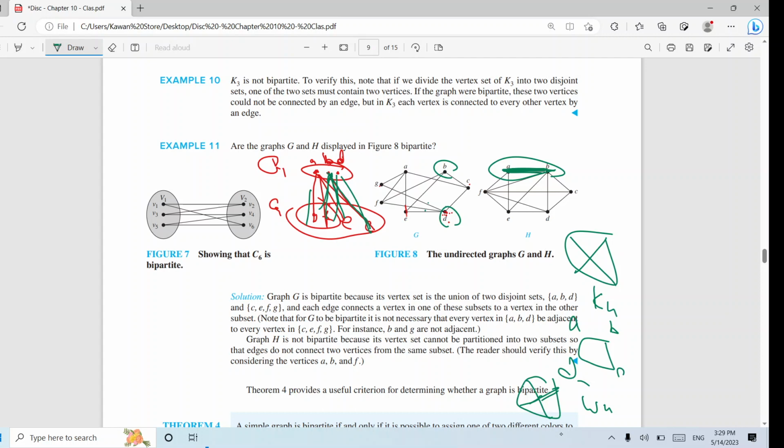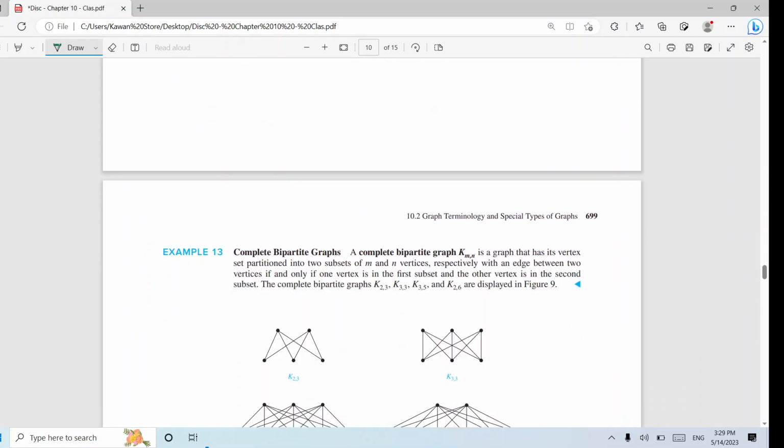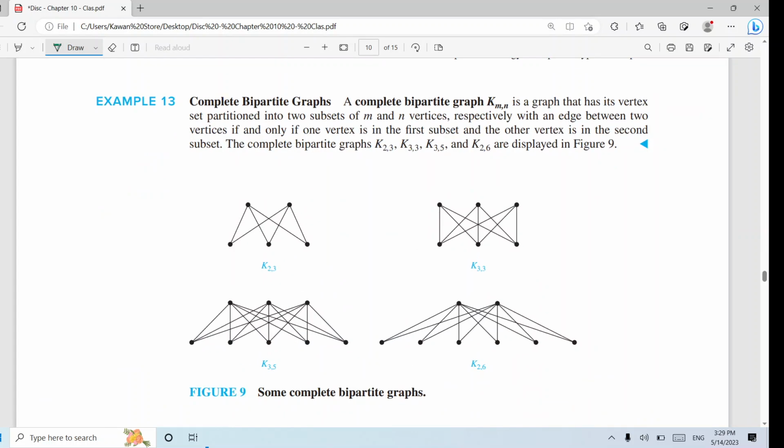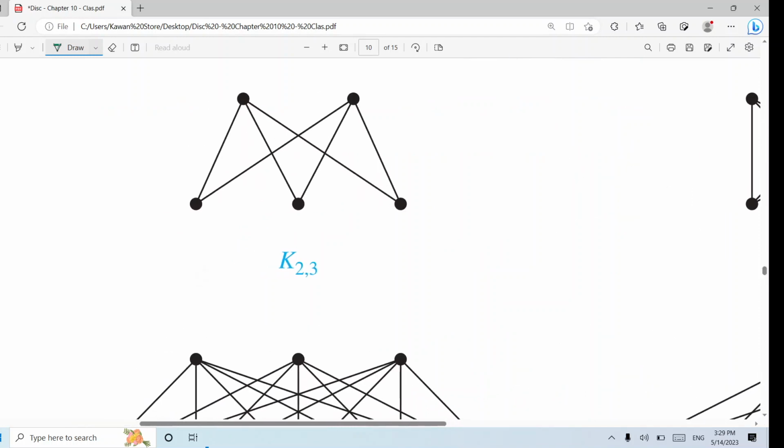So it depends on the example. Here's the bipartite graph. Look. It's called K23. What's a K23? It's a special type of bipartite graph. Why is it a special type? Why is it called K23? At the beginning, this is complete. What was the complete?